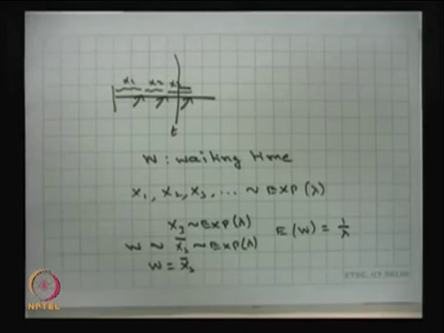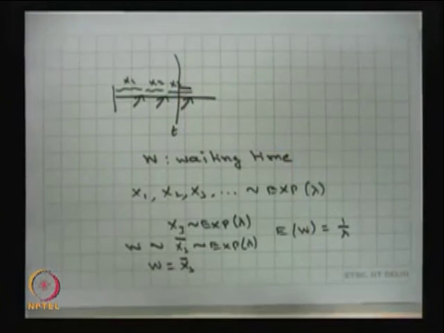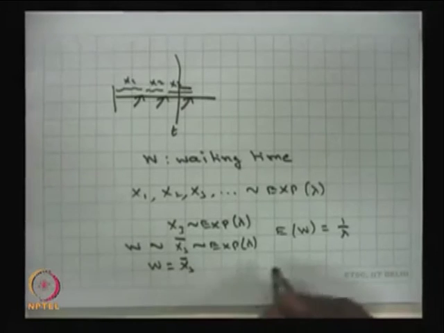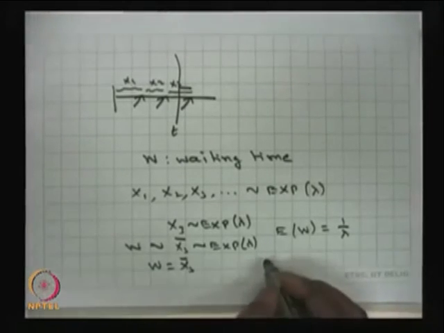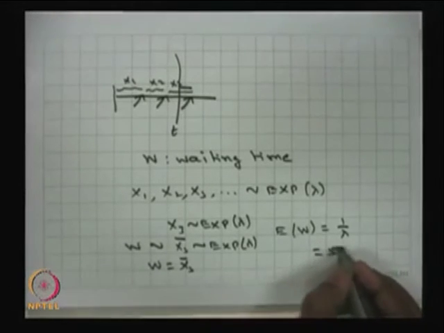Here it says the Poisson process with the intensity, the rate lambda, and the mean inter-arrival time between the buses is 5 minutes. That means the inter-arrival time between the buses is exponentially distributed with an average of 5 minutes.